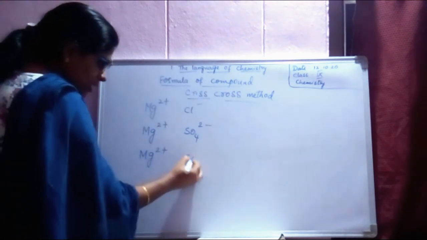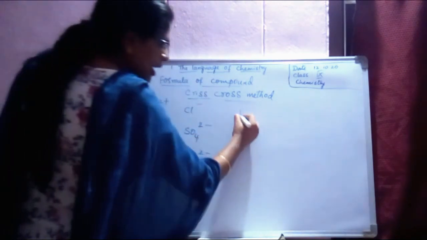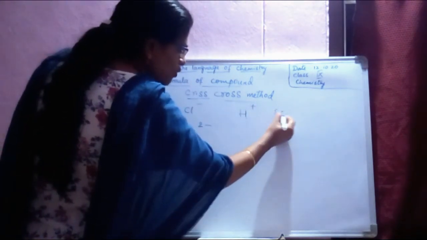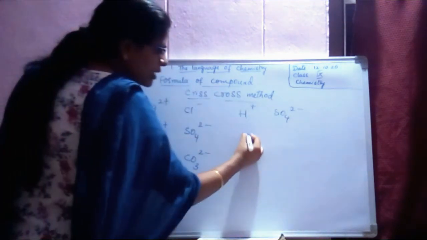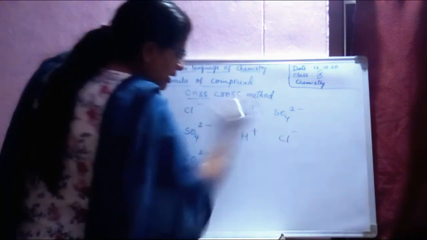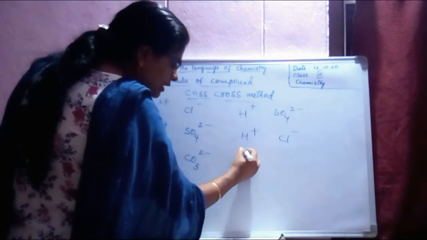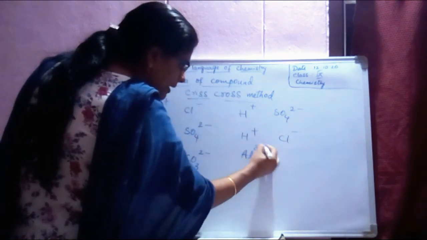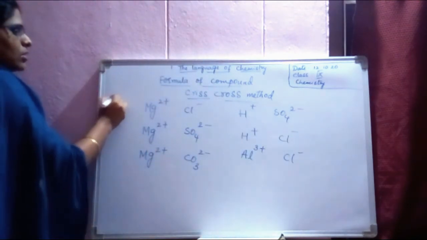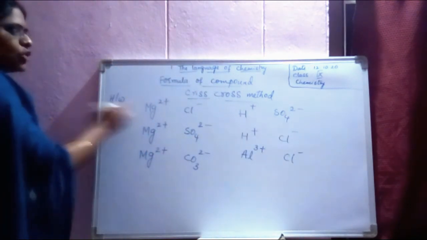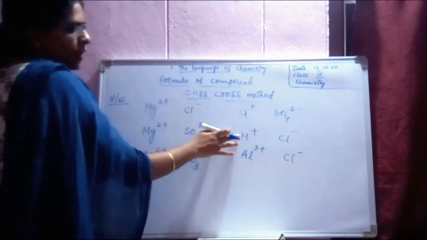Mg2 plus CO3 2 minus. H plus SO4 2 minus. H plus Cl minus. Al3 plus Cl minus. All these things you do for homework. How many have I given? 1, 2, 3, 4, 5, 6.